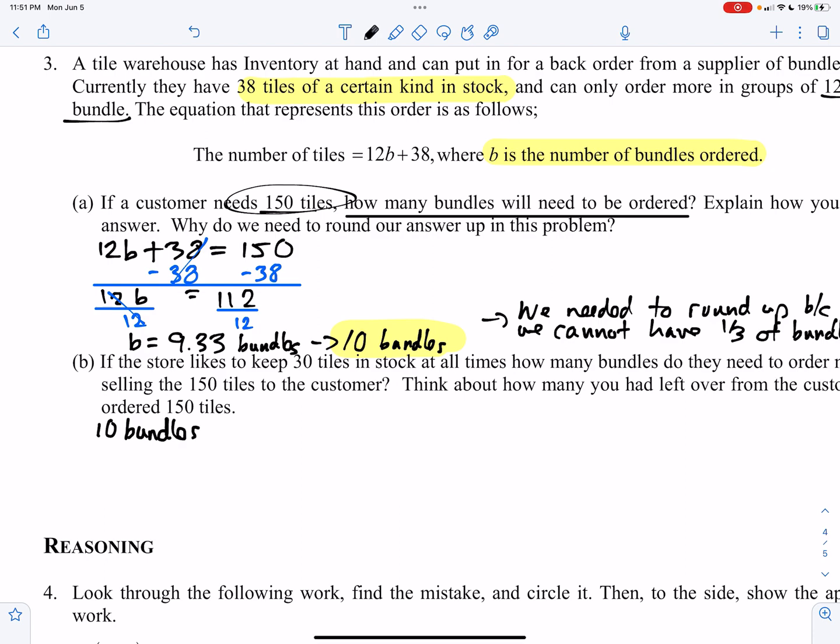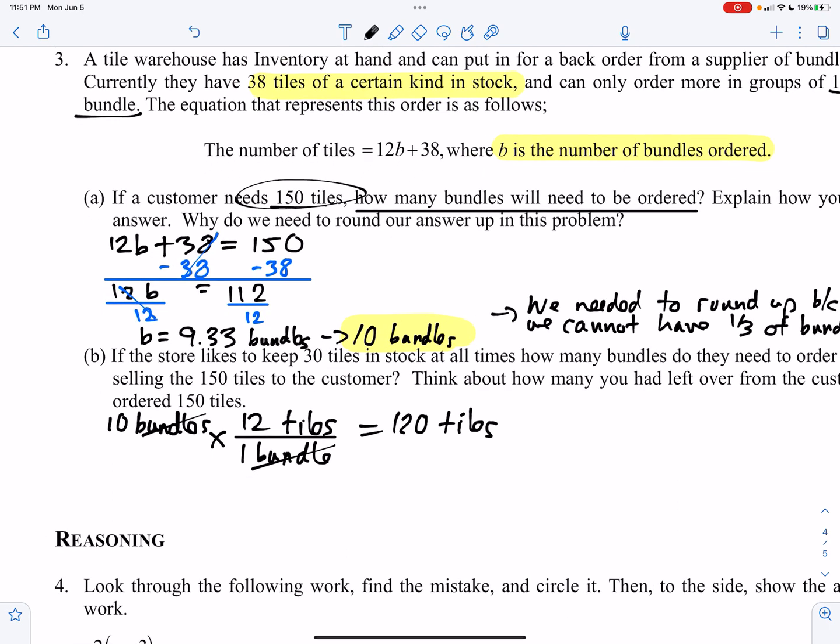I'm going to multiply the 10 bundles times the fact that one bundle would be 12 tiles. You could see the units cancel there, and the mathematics is just 10 times 12. So we're looking at 120 tiles in those 10 bundles.